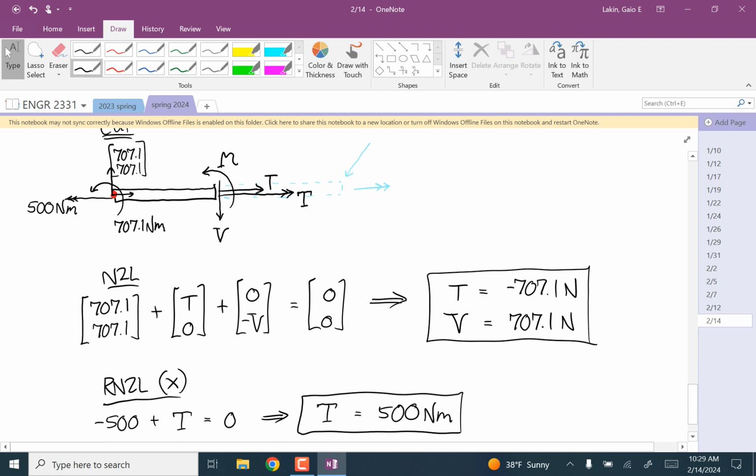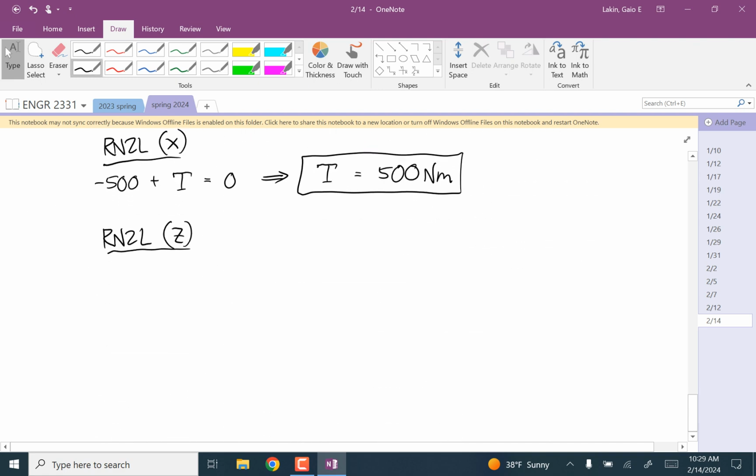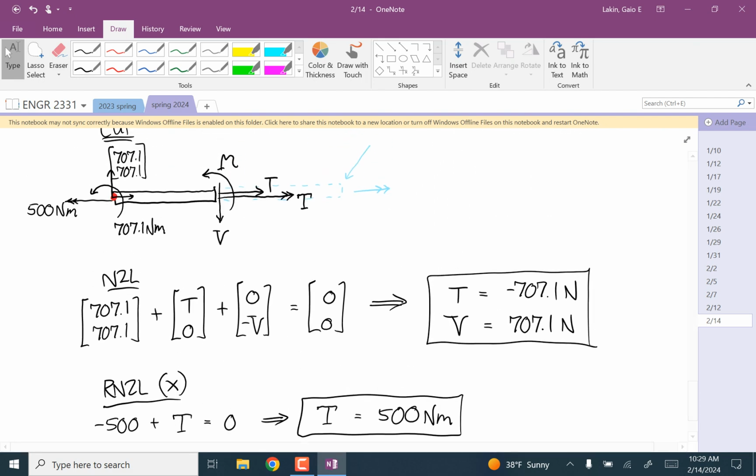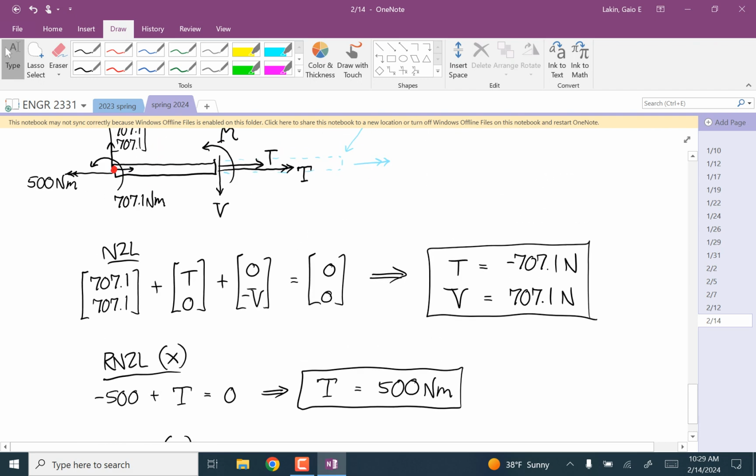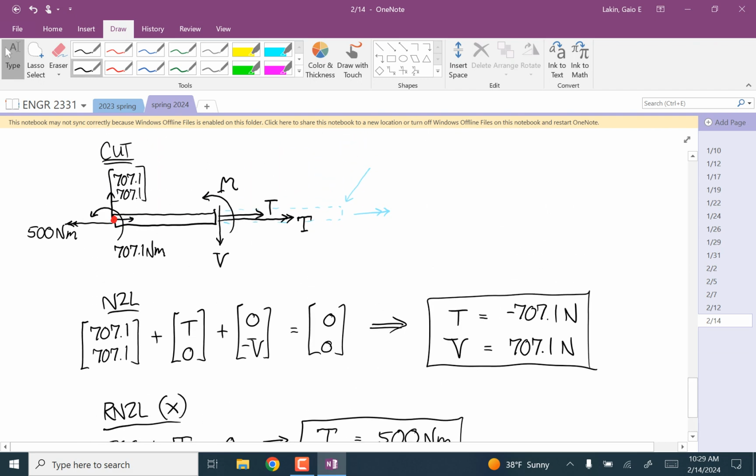We have a positive couple of 707.1 acting at the left end, so that's this. Then we have the bending moment at the right end, the M. And then the last thing we have is the moment produced by V around that about point.